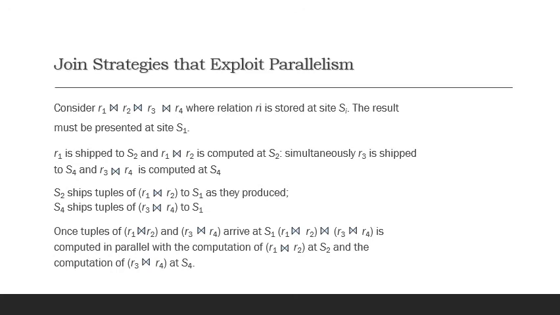S2 ships tuples of R1 join R2 to S1 as they are produced. S4 ships tuples of R3 join R4 to S1. Once tuples of R1 join R2 and R3 join R4 arrive at S1, R1 join R2 join R3 join R4 is computed in parallel with the computation of R1 join R2 at S2 and the computation of R3 join R4 at S4.